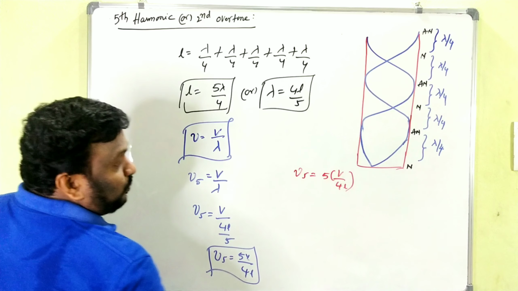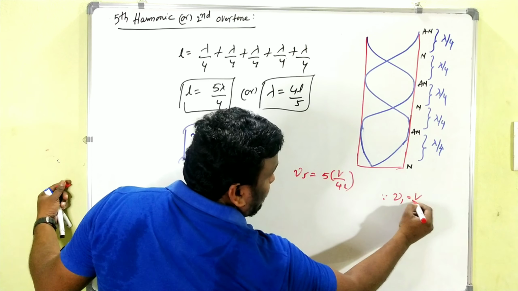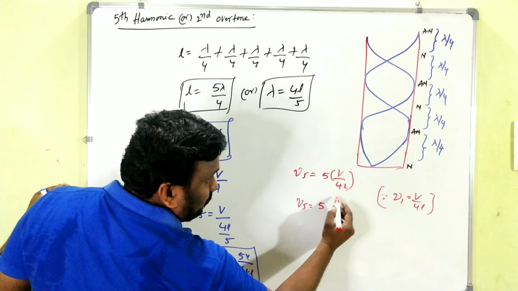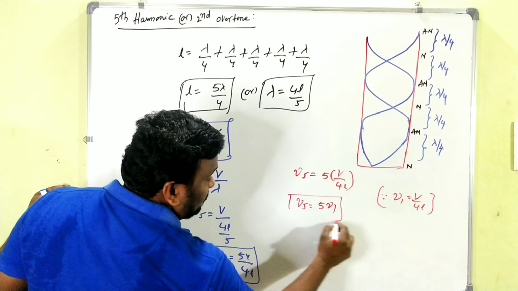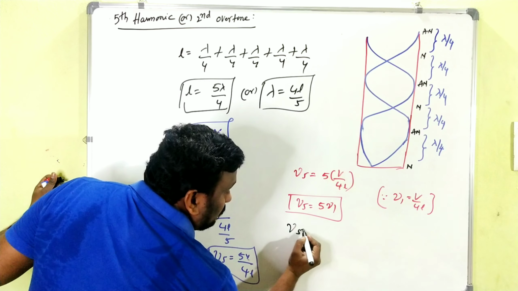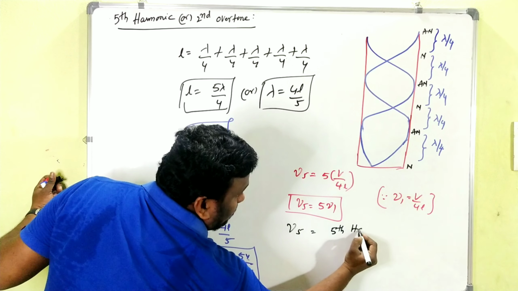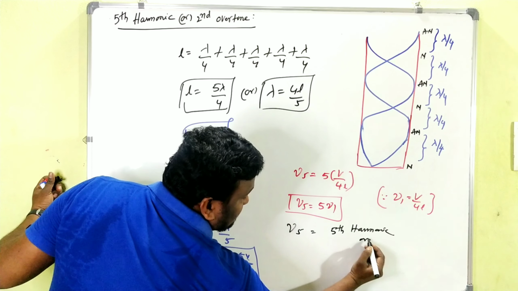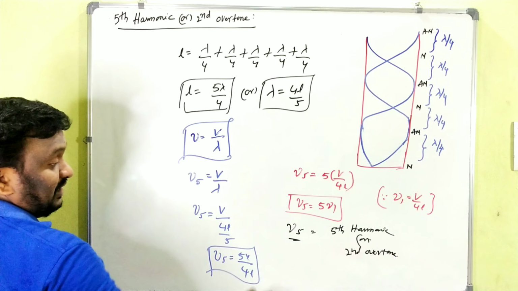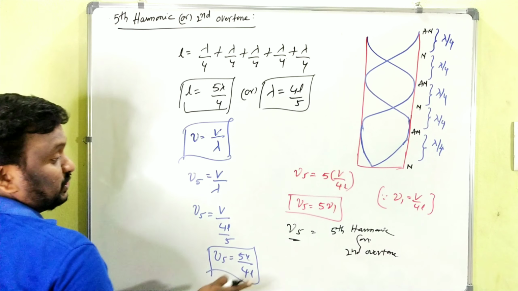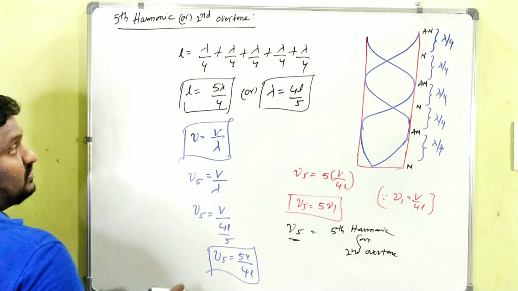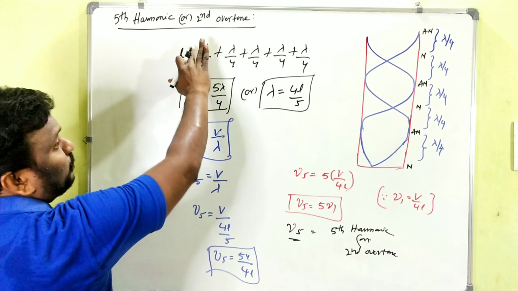Since nu 1 is equal to V by 4L, substituting here, nu 5 is equal to 5 into nu 1. That's why nu 5 is called the fifth harmonic or second overtone. Clear children, you have to remember: in competitive exams we get many problems on harmonics, so remember carefully. Nu 5 is the fifth harmonic or second overtone, children. This is the formation of the fifth harmonic or second overtone in a closed pipe.